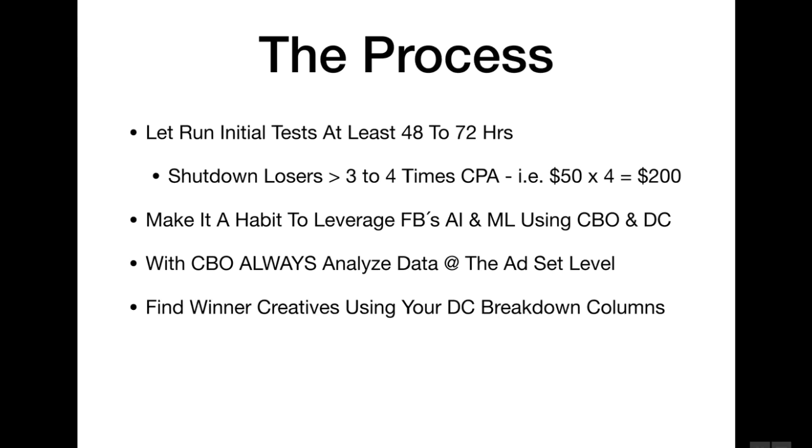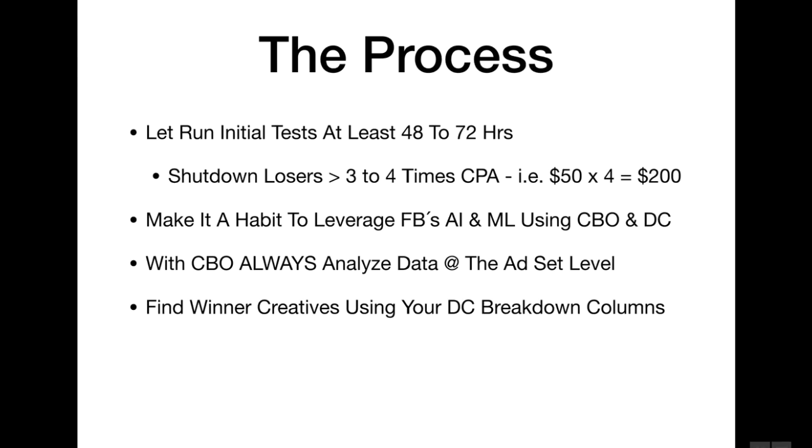Find winner creatives using your dynamic creative breakdown columns. I'm going to show you now a clear example. We're going to do a demo on how to find winner creatives, so you're completely clear which ones are going to be your winner creatives and which ones you're going to use for your scaling campaigns. And that's what we refer to as trimming the fat.